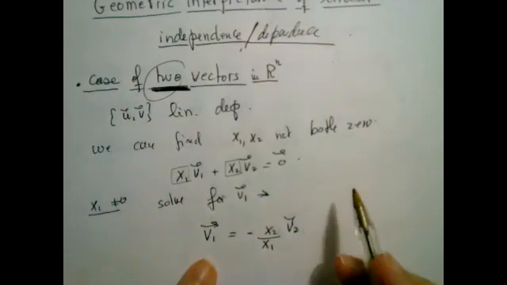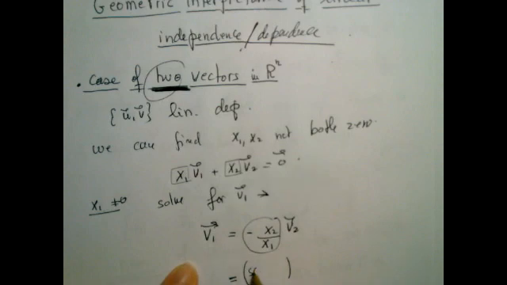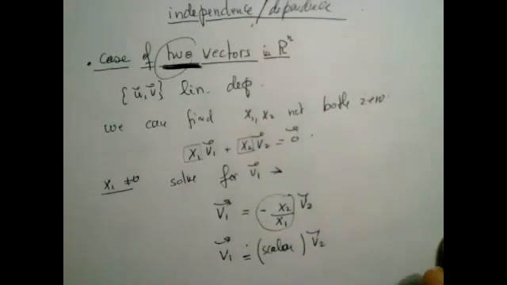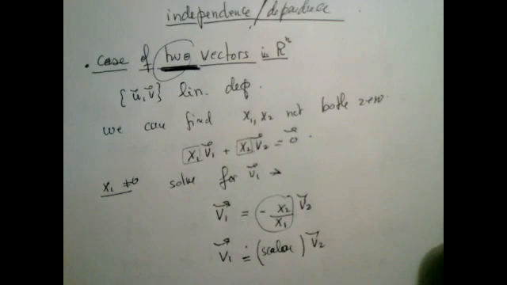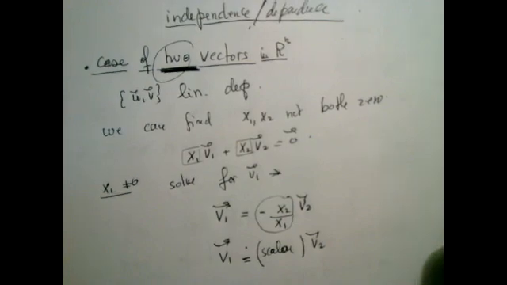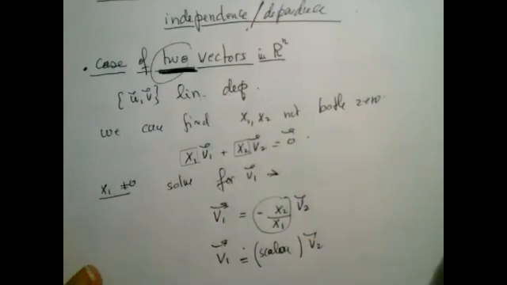So if they are linearly dependent, it means V1 is a scalar times V2. Yeah, we can scale. I don't know what you mean by intersect one another. That doesn't really make sense to me, but scale them. So what does it mean for two vectors to be linearly dependent?